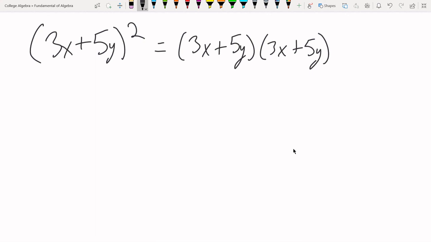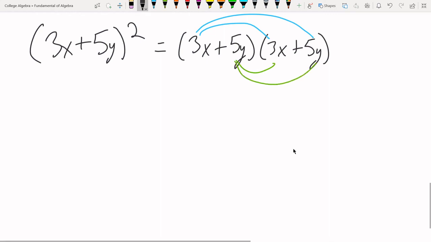Now you see that this is a binomial times a binomial. It's two terms times two terms. You can use the FOIL method, which is first, outer, inner, last. But really all that is saying is distribute the 3x into everything, and then distribute the 5y into everything.